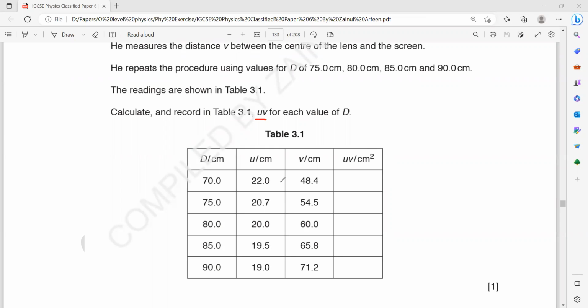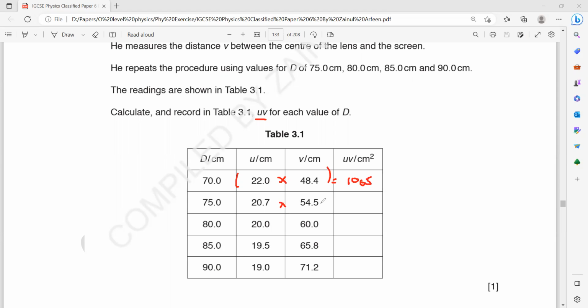So if I do u multiplied by v, like 22 times 48.4, what's the answer? 1064.8. So we will round off to the nearest whole number, so 1065. For this one, we'll write that this value is 1065.